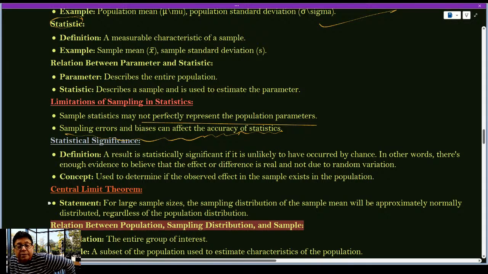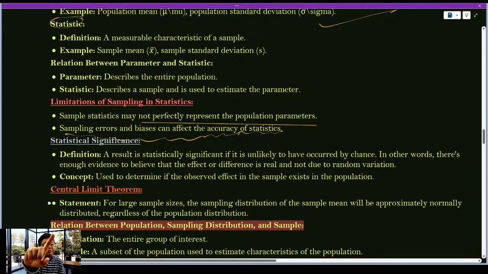Okay? Now the concept is what? You should remember whether the effect observed in the sample exists in the population. You understand what I told? First is the definition. It is statistically significant if it is unlikely to have occurred by chance. There is no chance, but it has occurred. There is enough evidence to believe that the effect or difference is real and not due to random variation. So the concept is that the observed effect in the sample exists in the population.